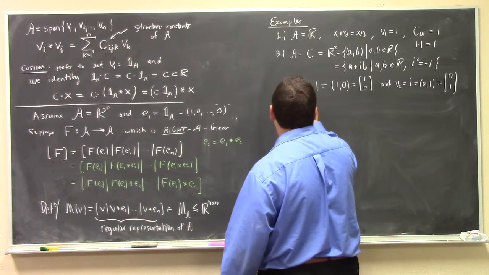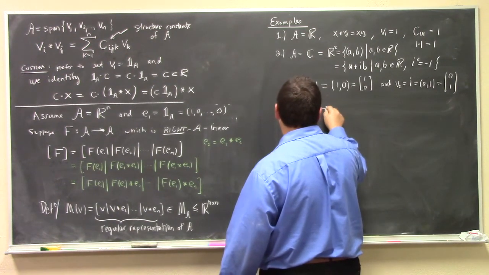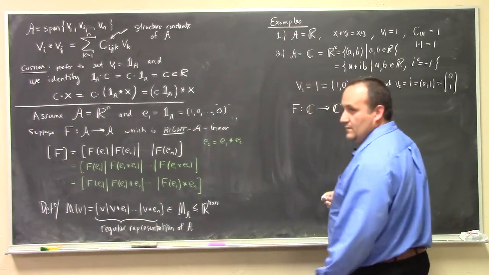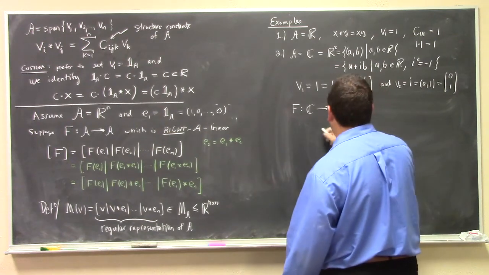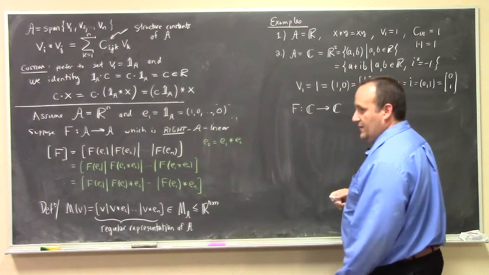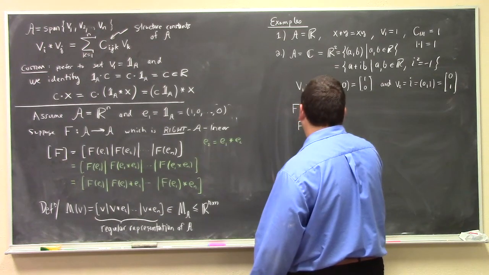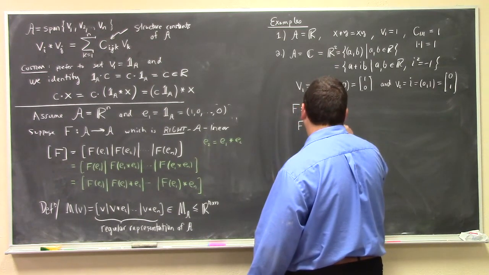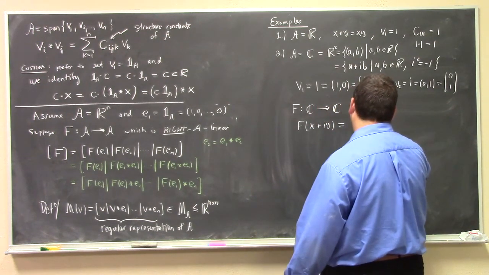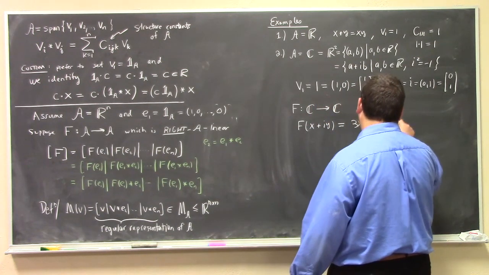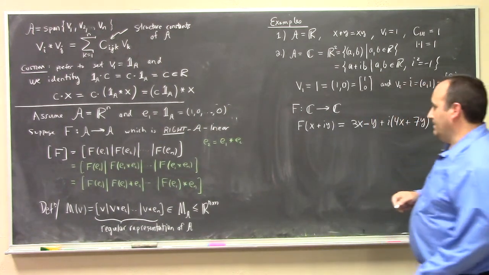We have f from the complexes to the complexes, and let's see here, how about we have f of x plus iy equal to 3x minus y plus i times 4x plus 7y, right?